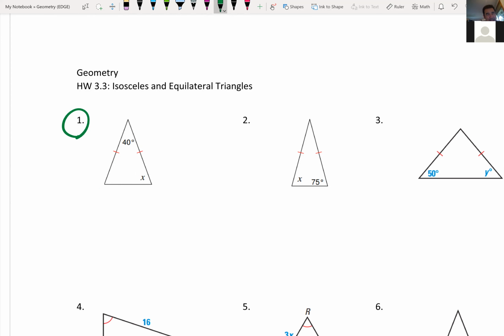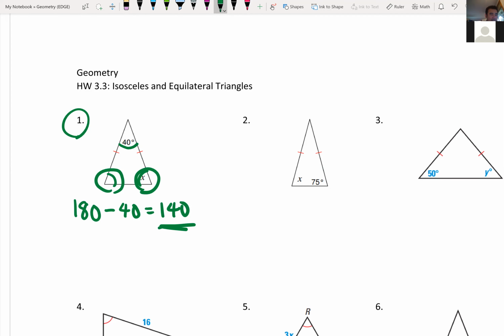So let's say you've got top angle is 40. So let's subtract 40 from 180 and you get 140, right? That means these two angles combined should be 140. Does that make sense?